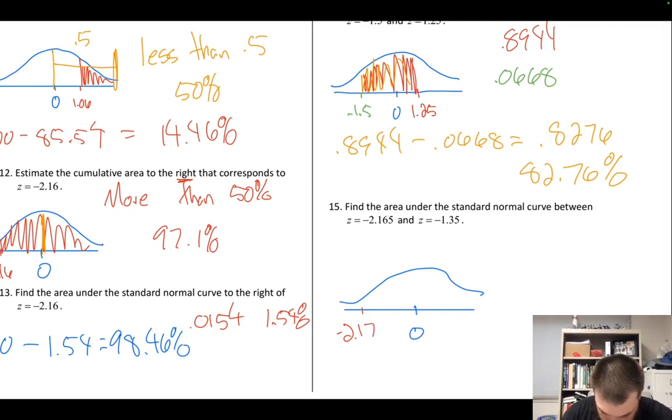And then we have negative 1.35. And so we get that and that. So if I can find my green and subtract that red portion, that's going to give us our leftover. So we'll go to our table and find both those values.